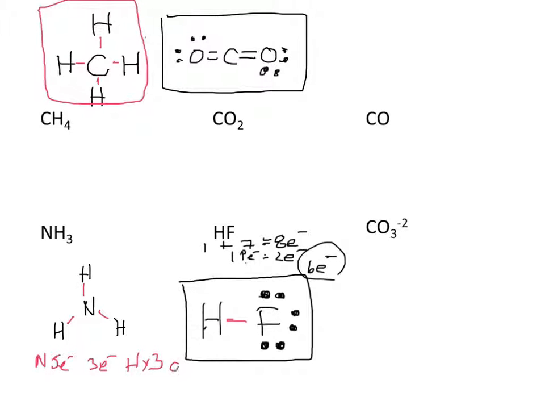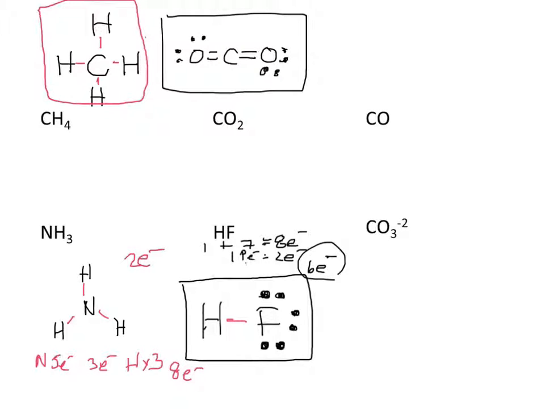I'm going to put the 8 total here, and then let's subtract our number of bonds, and we have 1, 2, 3, 4, 5, 6. So we have 6 electrons in bonds, so we need to account for 2 electrons. We need to figure out where to put 2 electrons.